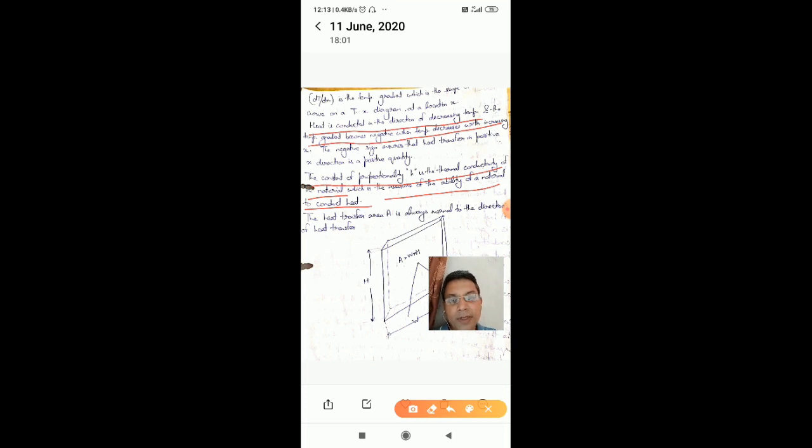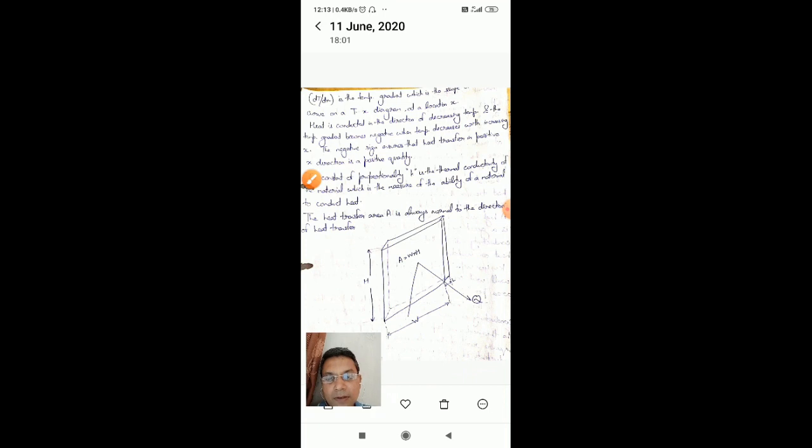Now the important point is that heat transfer area is always normal to the direction of heat transfer. So what does this mean? Whenever you are assuming heat transfer, it is always perpendicular to the area assumed. So this is an important concept which you must remember.